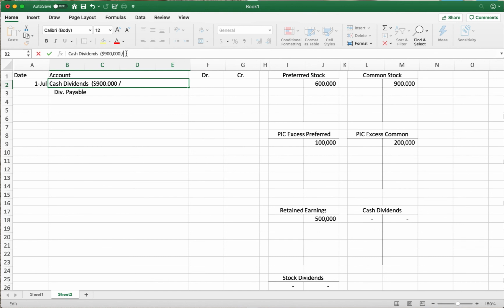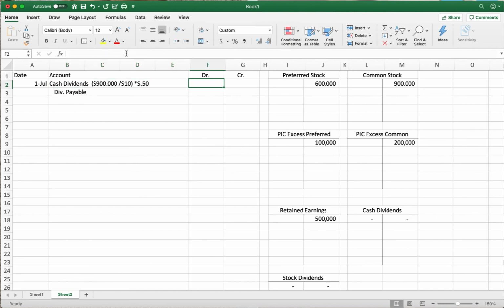So if we divide by $10, that'll give us the number of shares. So that should be 9,000 shares if my math's right. We then need to multiply that by the dividend. Well, the problem says we're paying out 50 cents. So 9,000 times 50 cents should give me 45,000.